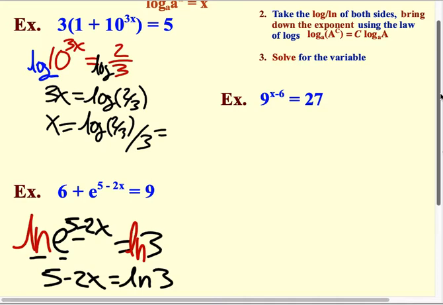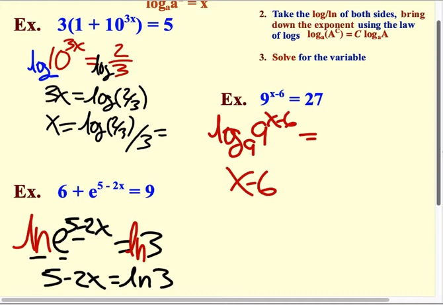There really is nothing to isolate. In this case, it is what it is. So what I'm saying about making the bases the same, let's talk about if I didn't do that and I was trying to log both sides. Let's say I chose to go log base 9 of 9 to the x minus 6. Okay, well that's not bad. That's x minus 6. On this side, that's log base 9 of 27.